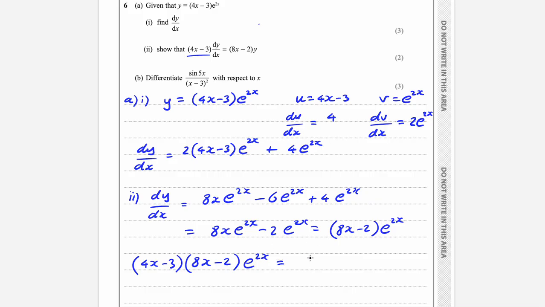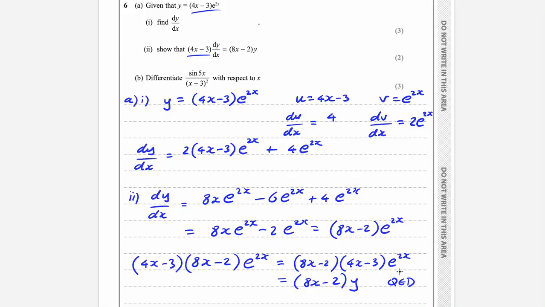Well, that equals 8x, if I just swap this and this, which obviously I'm allowed to do, 4x minus 3 e to the 2x. Well, 4x minus 3 e to the 2x is y. So this is equal to 8x minus 2 times y, which is what we were asked to show, QED.